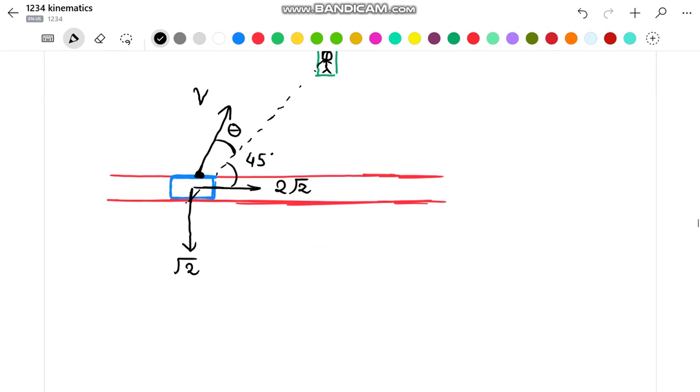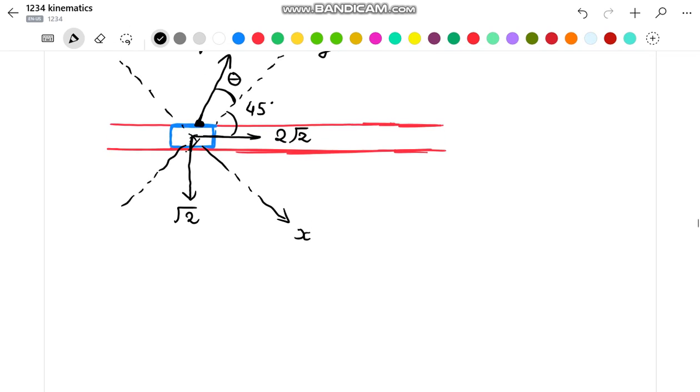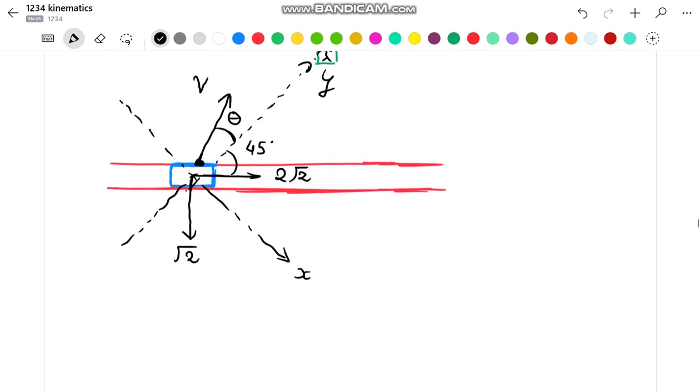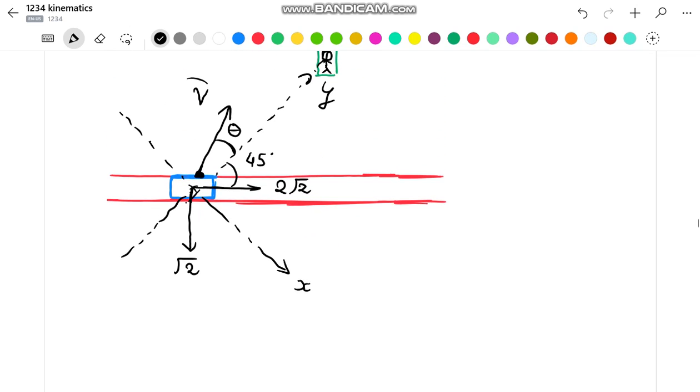Now on resolving all the velocities given in the problem along the direction of these two axes, that is x and y axis, we can directly resolve this velocity into two components. Let me redraw the axis for further simplifying this problem. I am considering these two axes as x and y axis.